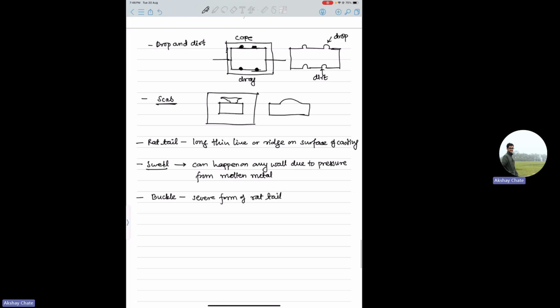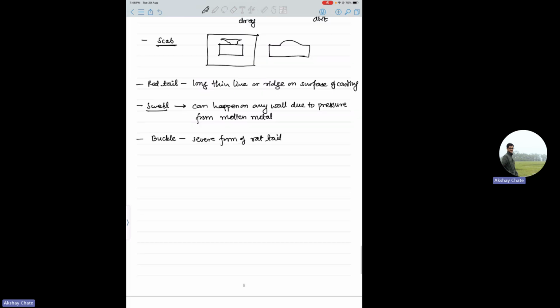In a rat tail you'll see some lines, but here you can see lines as well as pyramid shaped bumps or lumps, or shallow depressions. So it's a severe form of rat tail. These are words you sometimes don't know, and they directly ask you in the exam.